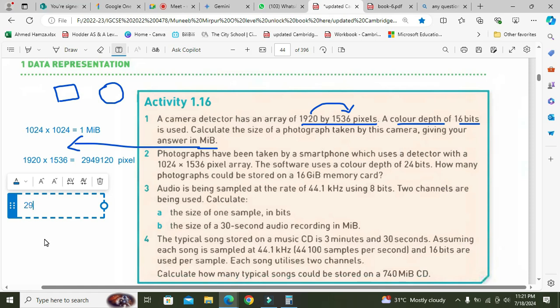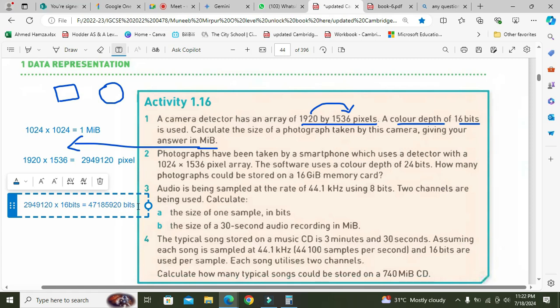So first of all, let me write here. The resolution of our picture is 2949120. The color depth is 16 bit. So you will finally get the answer in bits. So the unit is bit. Now our final answer we have to show in bytes.